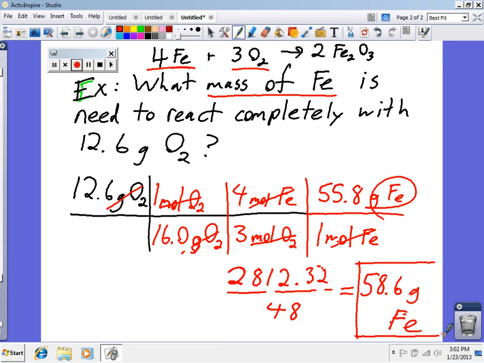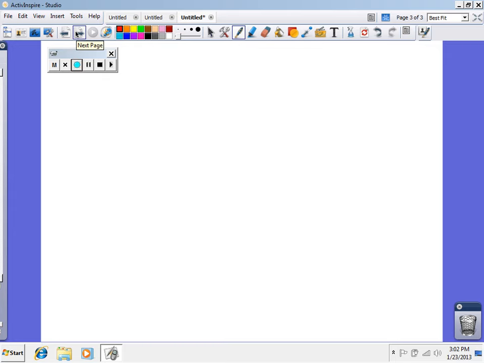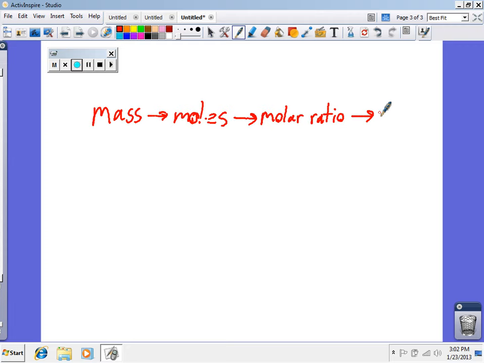That is it in a nutshell. And if you need a little helpful mnemonic to walk you through these problems, it's essentially, we're going to go from mass to moles, then we're going to use the molar ratio, which is going to give us moles again, and then finally we're going to go from moles back to mass.